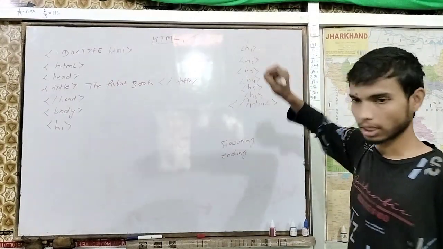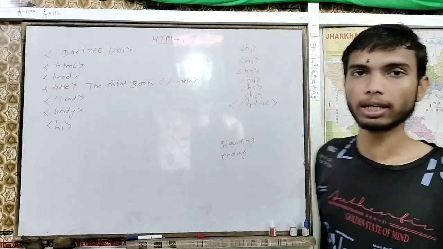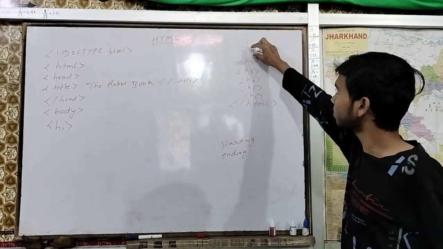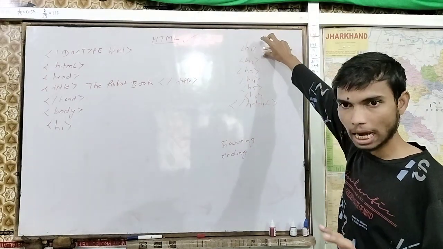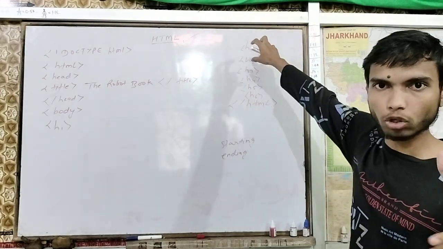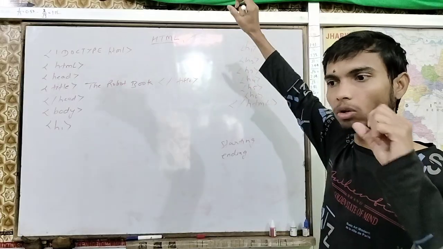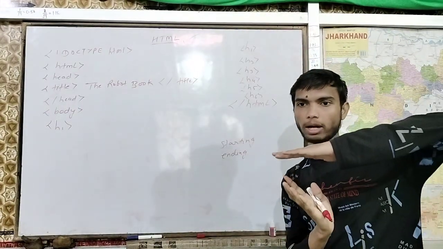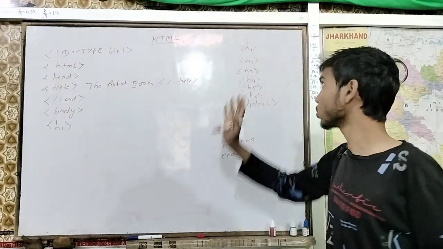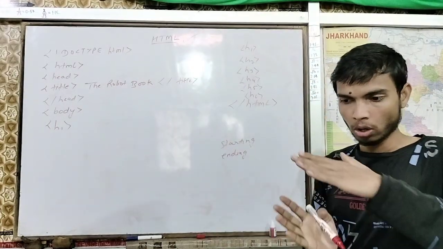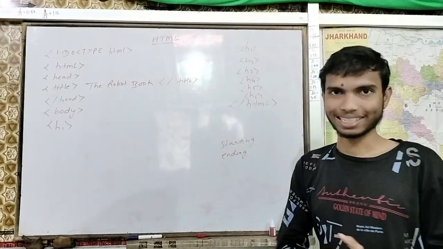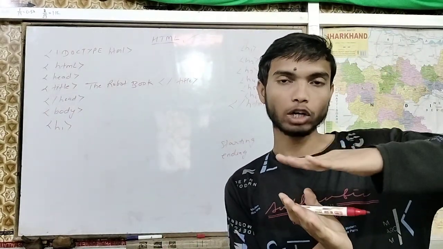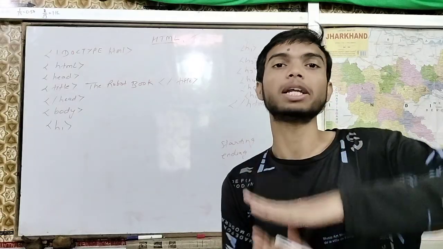Remember, let's say you type a word or a sentence. When you are using this tag, the size or height of your word would be more when you are using H1. Let's say you are using H6, not H1. In that case, the height of your word will be very less.